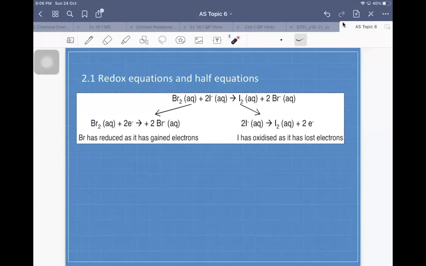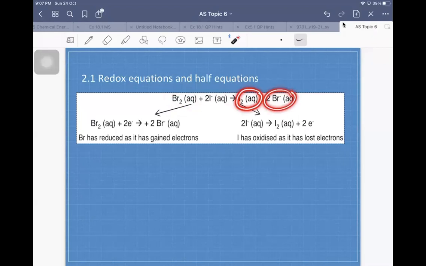All right, so you have an equation here. This is called an ionic equation. It is a full, complete ionic equation, you've got reactants and you've got products.